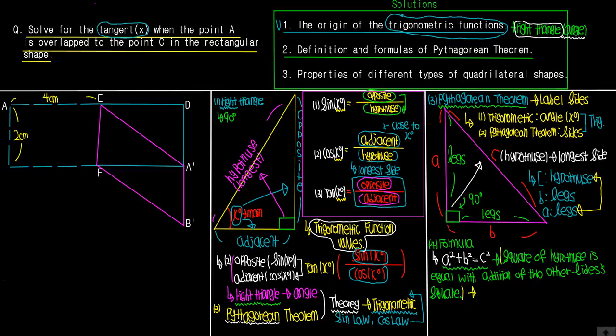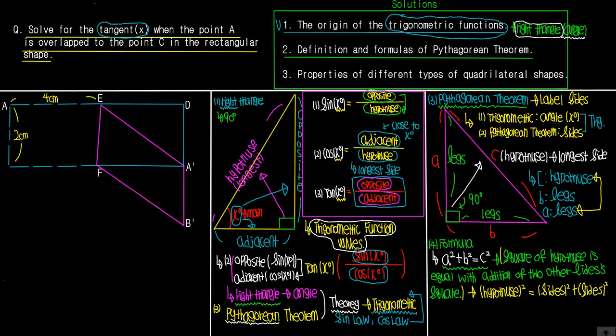What does this mean? Well, if we write it as a formula, the hypotenuse squared should always be equal to one side that doesn't include the hypotenuse, squared, plus the other side that doesn't include the hypotenuse, squared.